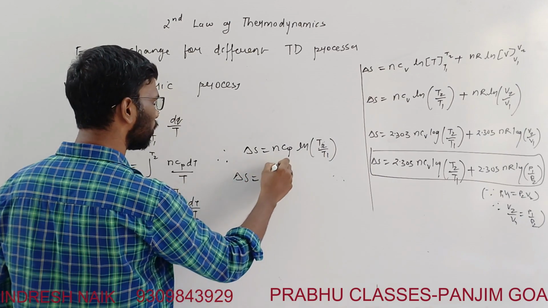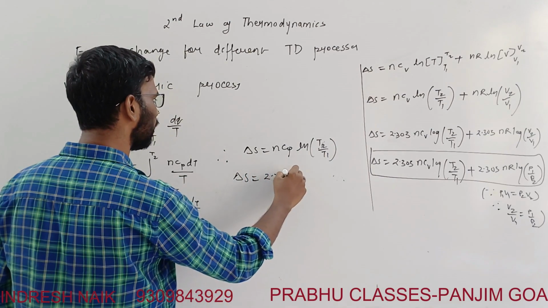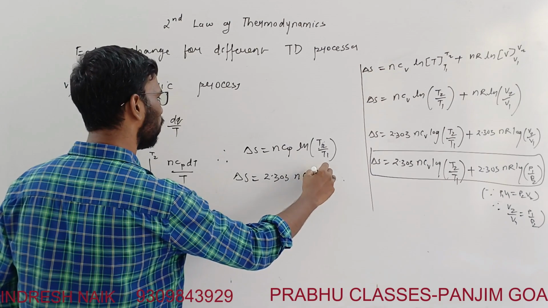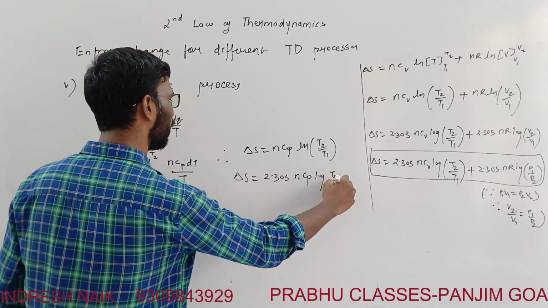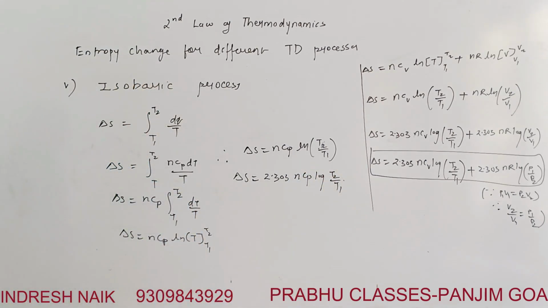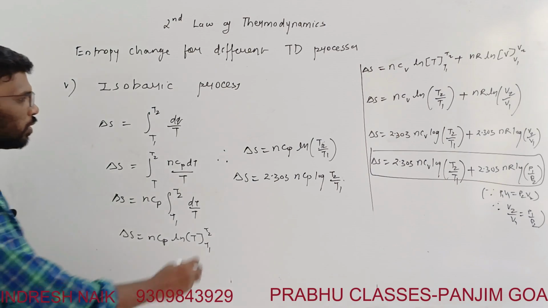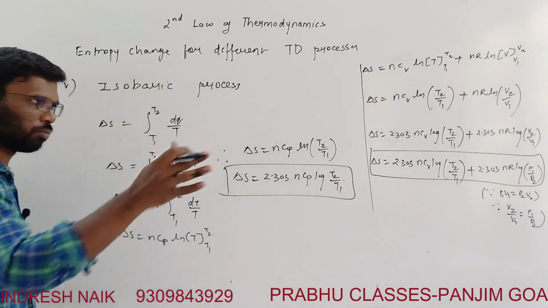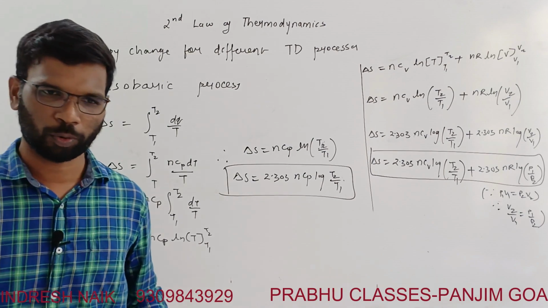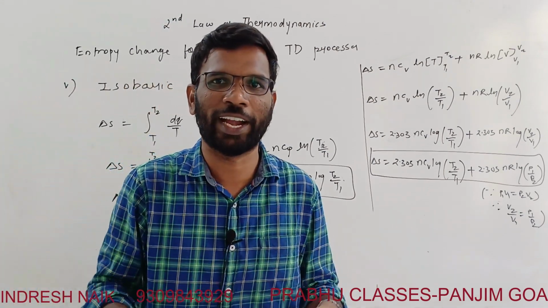Therefore delta S is equal to 2.303 n Cp log of T2 by T1. Okay, so these are the equations for the different processes. This is where we end with the entropy concept.